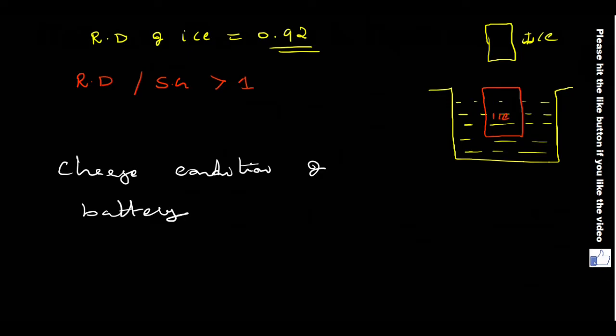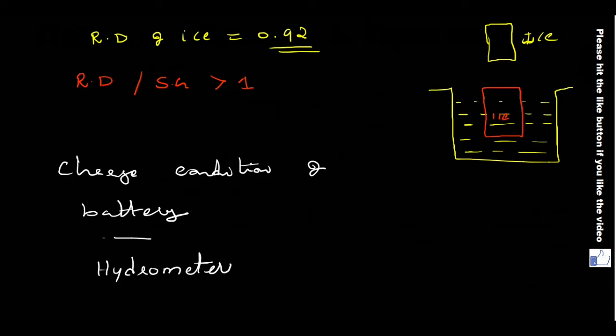And the device which is used to measure the charge condition of a battery is the hydrometer. Now we'll see what a hydrometer is.